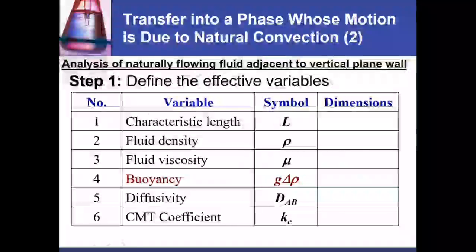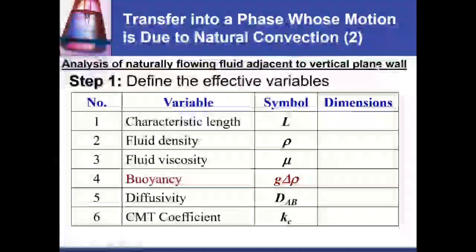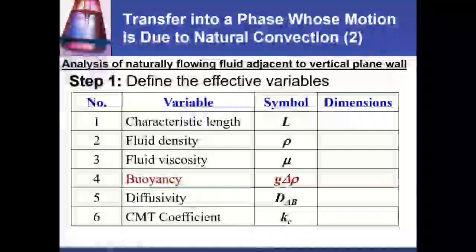We're going to analyze it for a vertical plane or wall. So we have a wall erected vertically, and we have fluid adjacent to it flowing naturally, not by convective force. We'll take the characteristic length of the wall as L, the fluid density as rho, the fluid viscosity as mu, and one of the important factors is buoyancy.